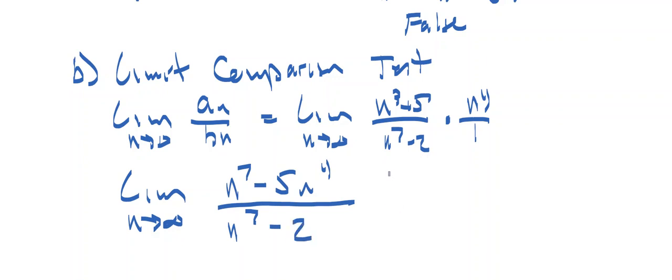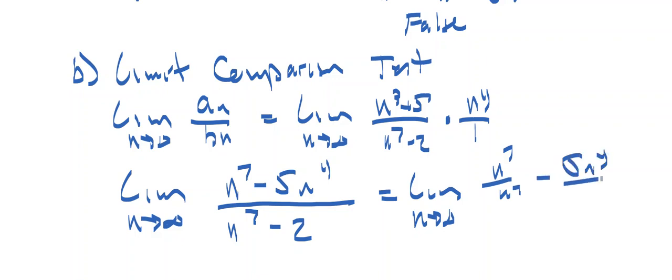We could use L'Hopital's rule, but what I'm going to do is just do that little algebraic trick where we divide everything by the highest power of n. So this becomes the limit as n approaches infinity of n to the 7th over n to the 7th plus 5n to the 4th over n to the 7th.